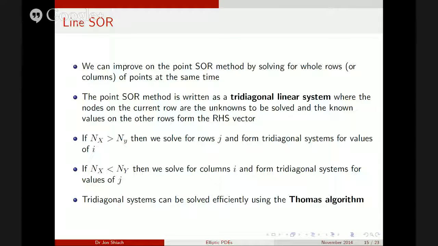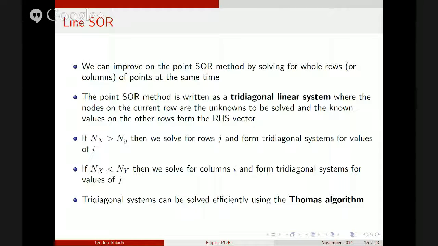So the point SOR method can be rewritten so that the current row are the unknowns to be solved. What we're trying to update will be on the left-hand side of our system. What we know the values of, i.e. previous values we calculated in the current estimate, or boundary values, form the right-hand side vector.